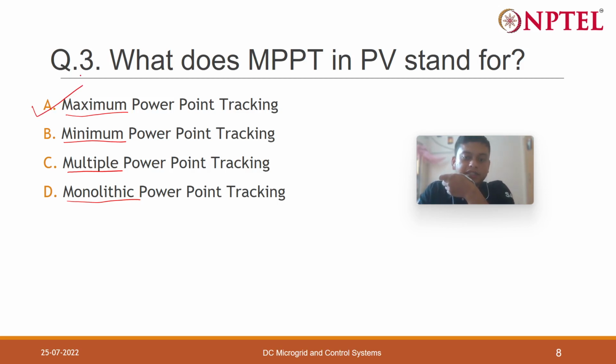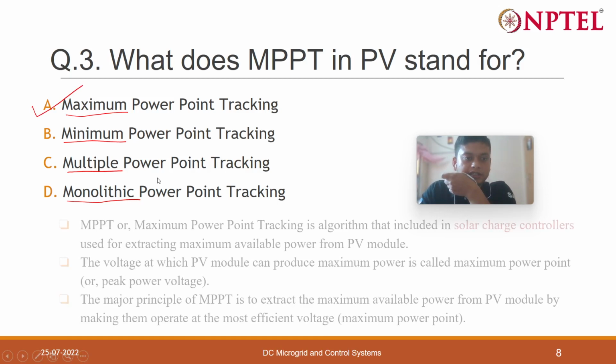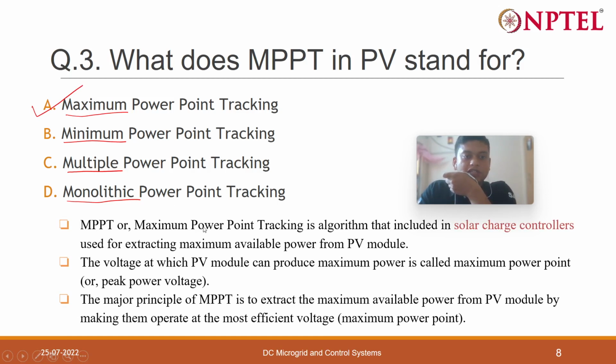Maximum power point tracking, MPPT, is an algorithm included in solar charge controllers, used for extracting the maximum available power from the PV module. We can also call solar charge controllers solar regulators.